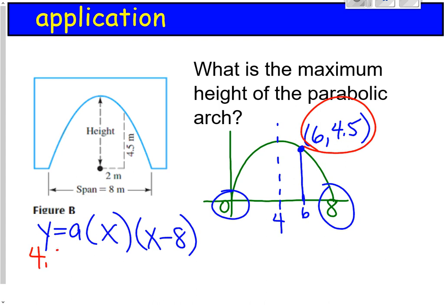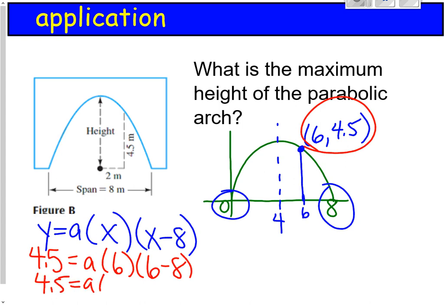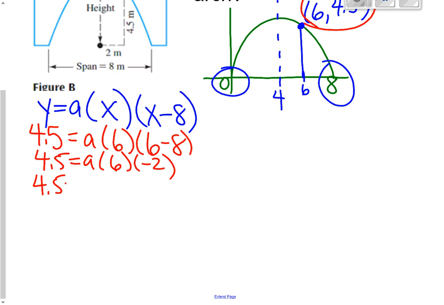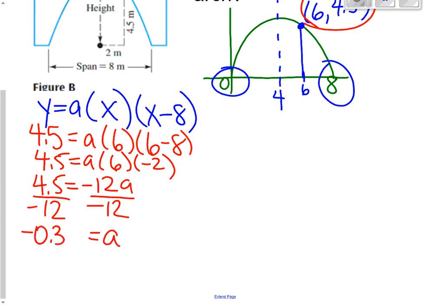Wherever there's a y, I'll put in a 4.5. Wherever there is an x, I will put in a 6. And that gives me 6 times -2, which is a -12. Divide each side by -12, and a equals 4.5 divided by -12, which equals -0.375.